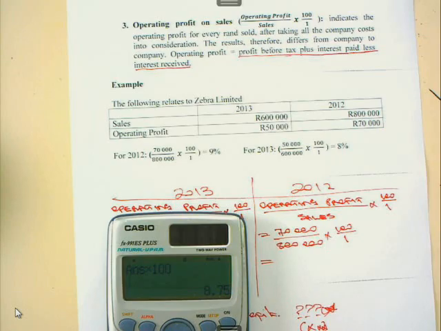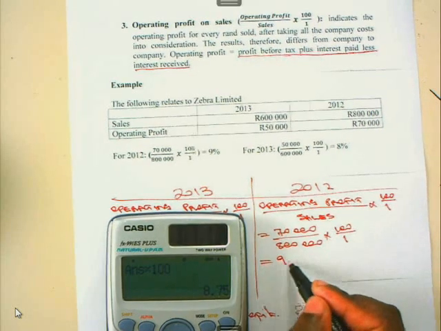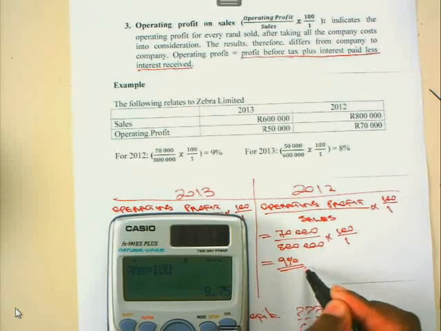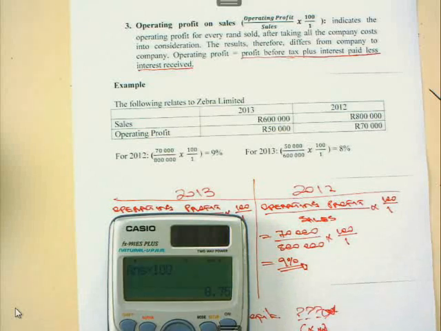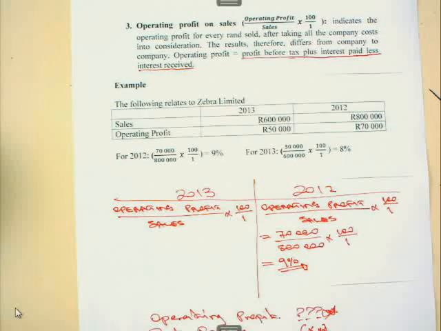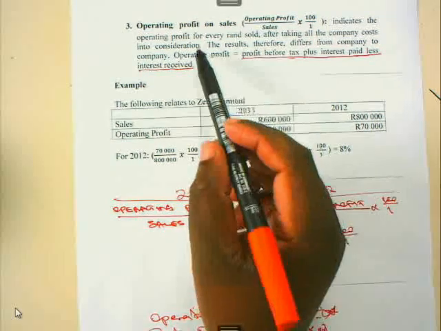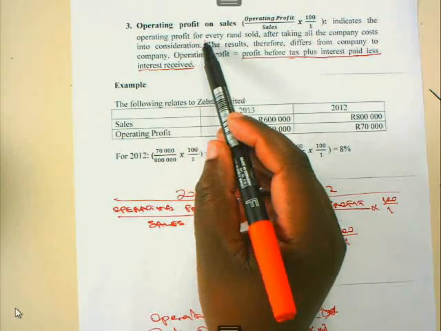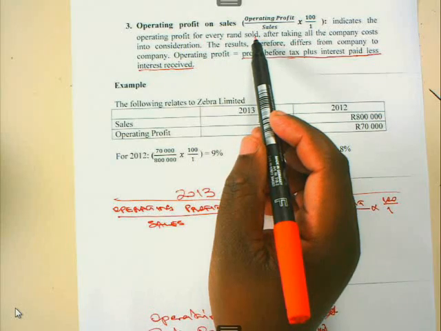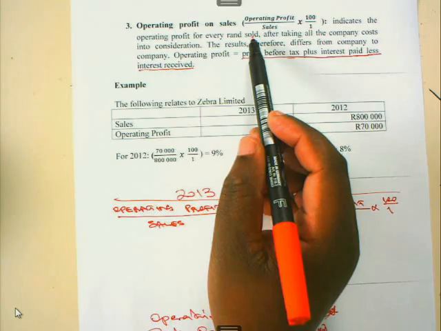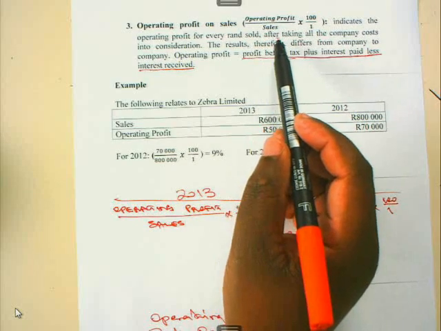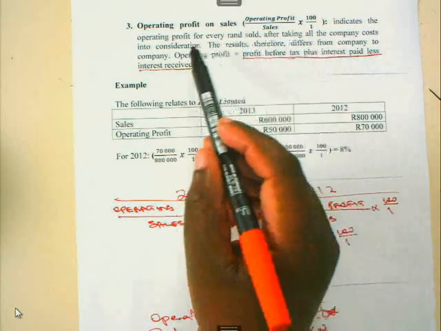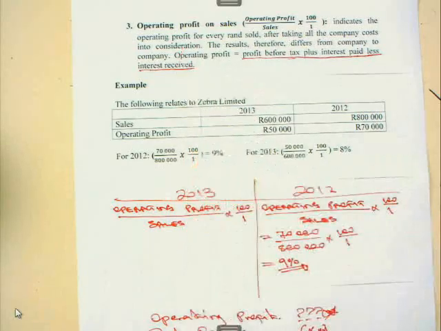It's 8.75, that is 9%. This 9% represents the operating profit for every rand sold. We're getting 9% on every rand that we sold after we have taken all the company costs into consideration.